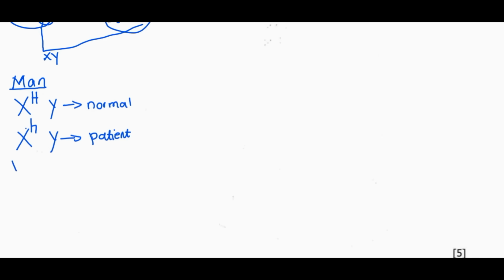Then let's look at a woman. So for the woman, if the woman is 100% okay, we know that we are going to have XX. So if the woman is 100% okay, we are going to have two capital letters, so we need to have uppercase. So this is 100% normal. Then the second one, we are going to have a capital letter H, and the other one, we are going to have a small letter h.